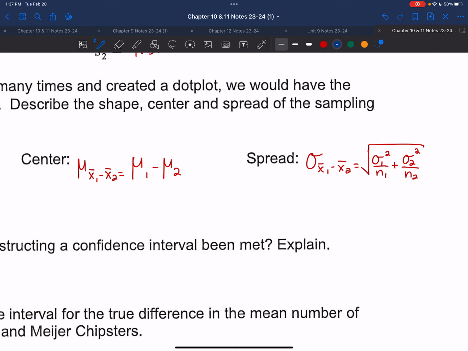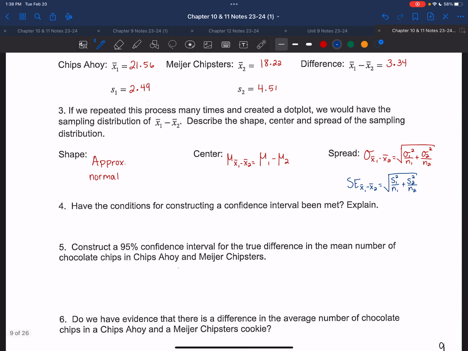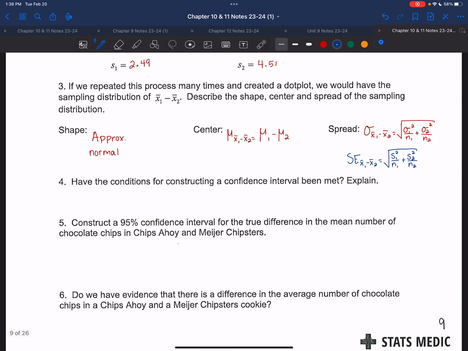Now, we don't know what the population standard deviations are, so what you could do is find the standard error instead for x bar 1 minus x bar 2, and that's just going to be the square root of s1 squared over n1 plus s2 squared over n2. All right, now have the conditions for constructing a confidence interval been met, and explain.